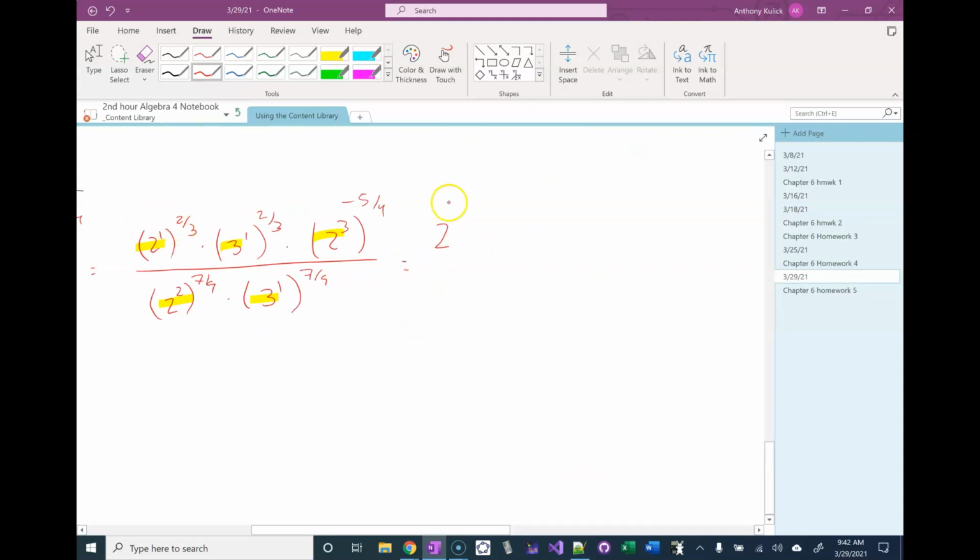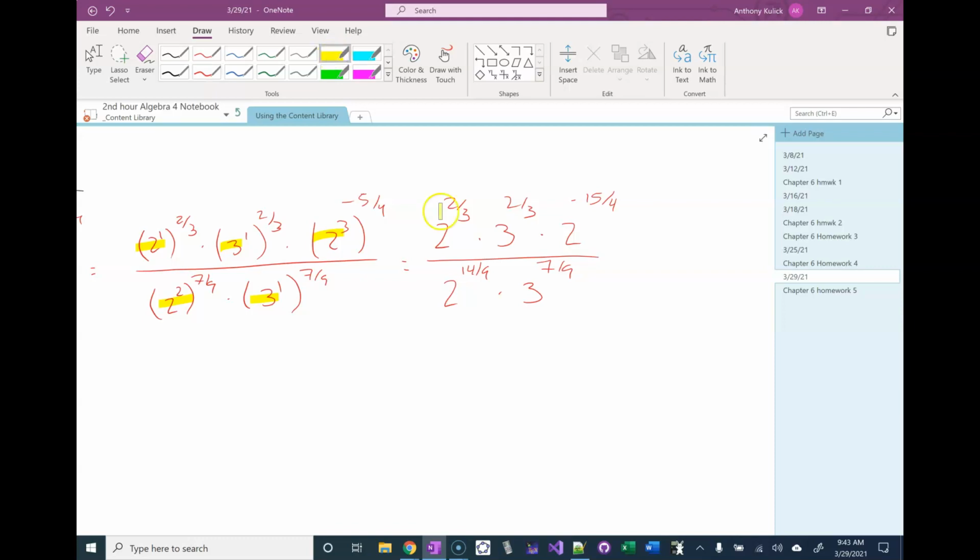So 1 times 2/3 is 2/3. 1 times 2/3 is 2/3. 3 times -5/4 is -15/4. 2 times 7/9 is 14/9. And then 1 times 7/9 is just 7/9. So far, so good.